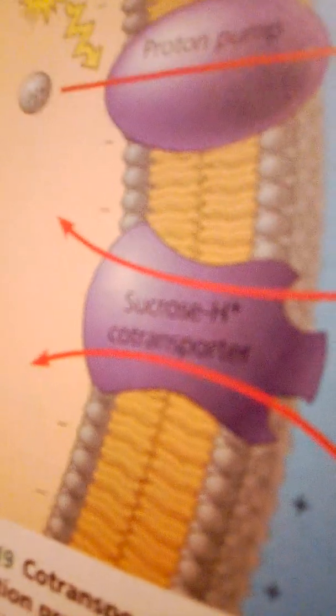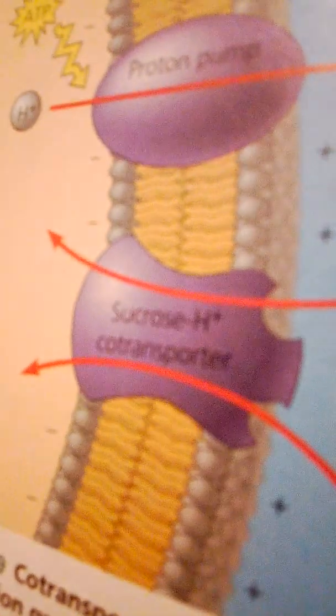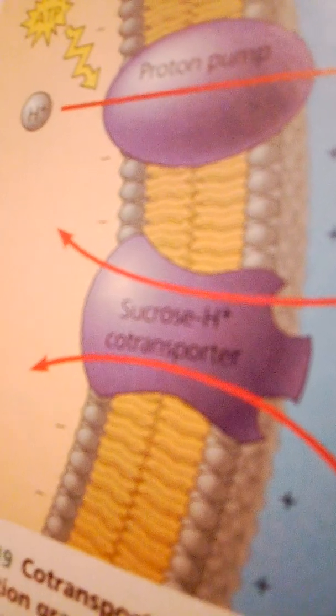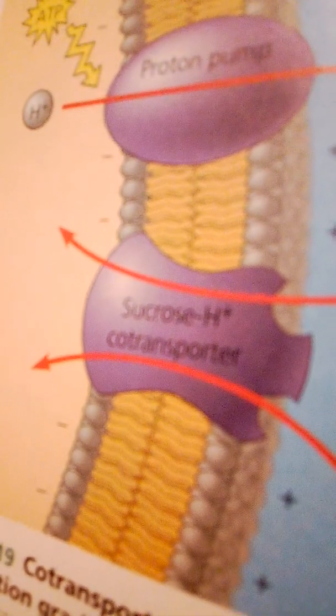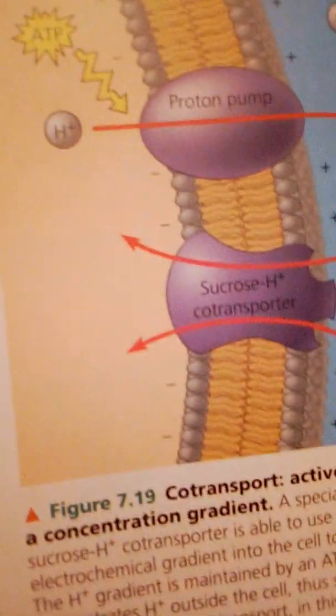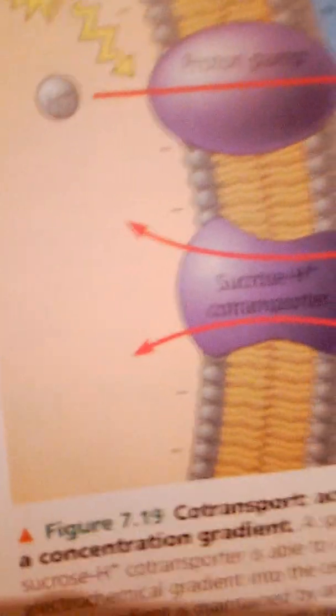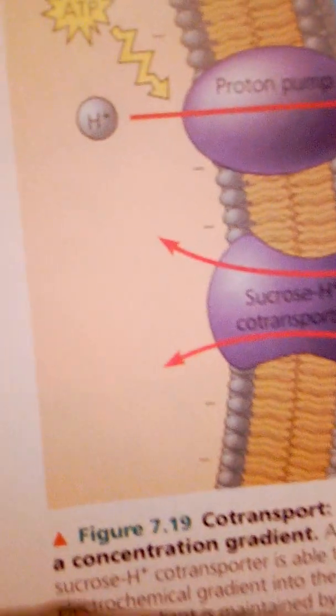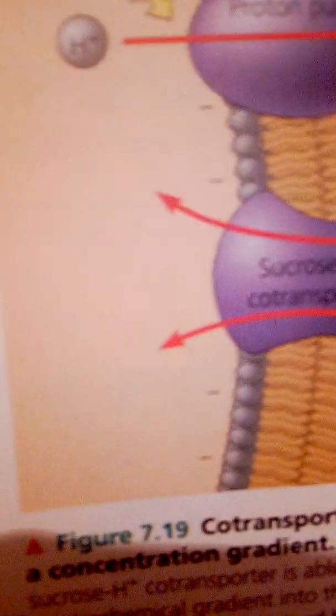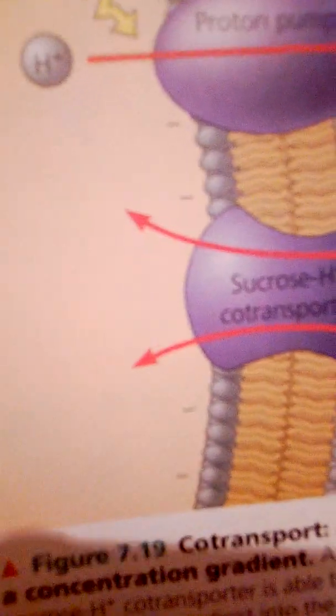For example, a plant cell uses the gradient of hydrogen ions generated by its proton pumps to drive the active transport of amino acids, sugars, and several other nutrients into the cell. One specific transport protein couples the return of hydrogen ions to the transport of sucrose into the cell.